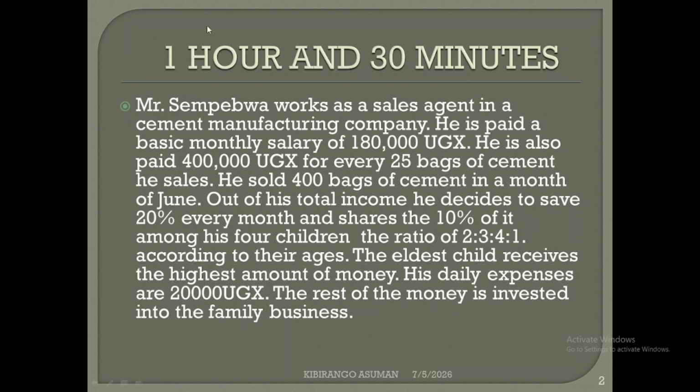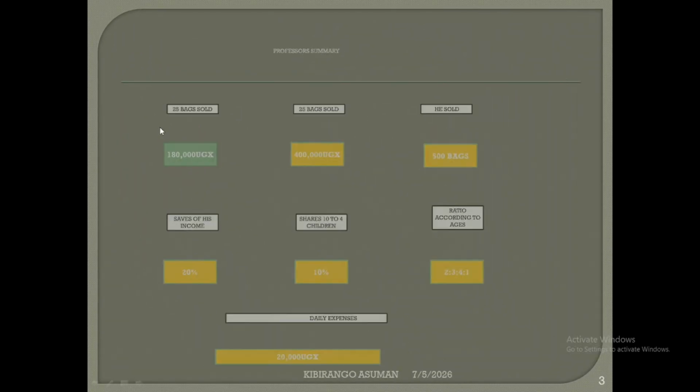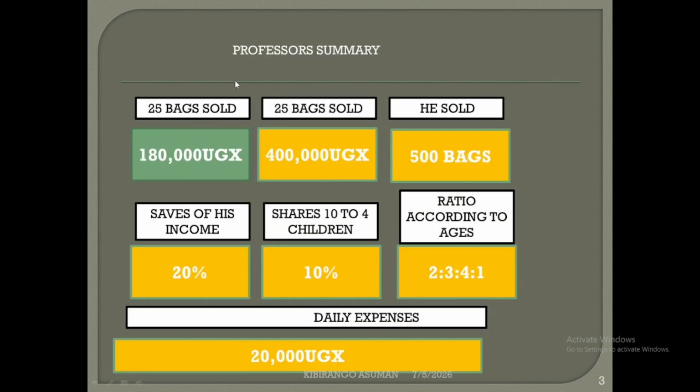So this is a scenario which we are going to be solving, and let's see the questions. The questions are all from the summary. He sells 25 bags of cement and gets a profit of 400 Ugandan shillings.